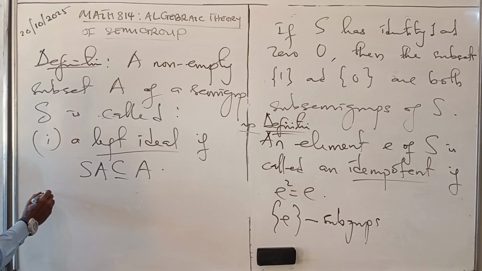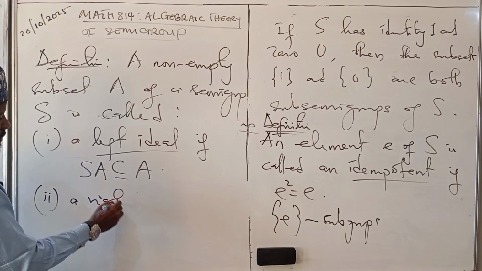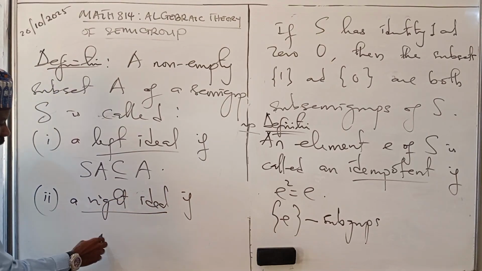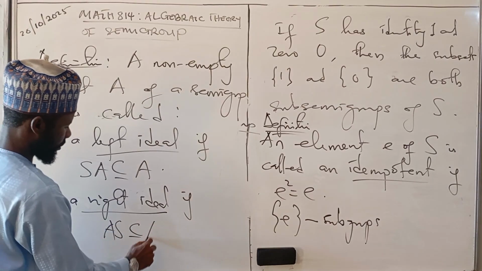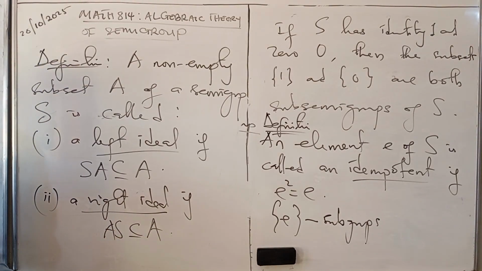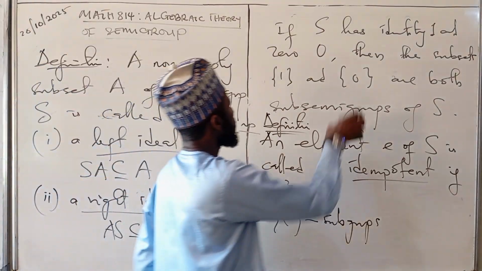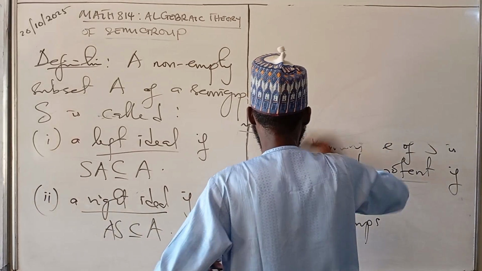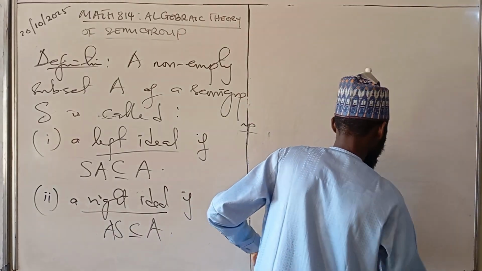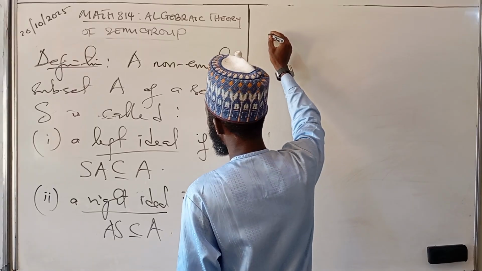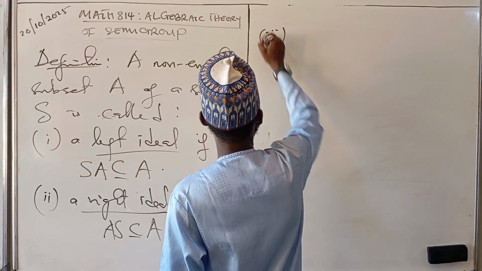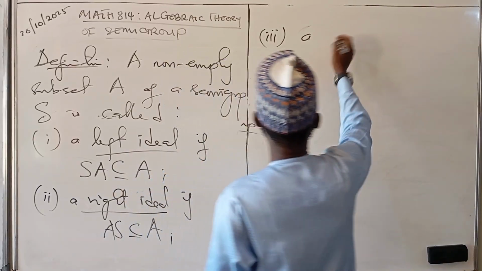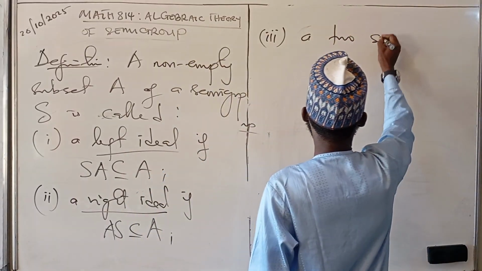And a right ideal if AS is a subset of A. Number three, a two-sided ideal.